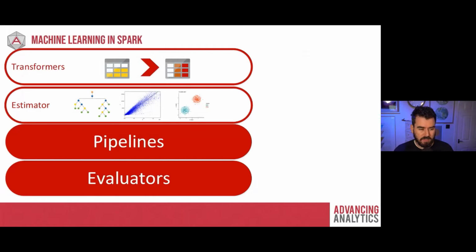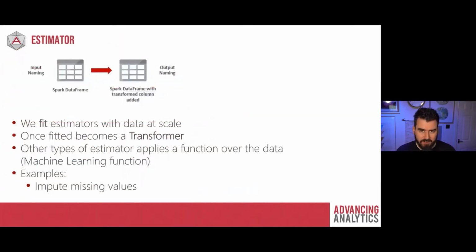We've got estimators. Now, a lot of this stuff, don't worry, it'll make a lot more sense when we see a demo, okay? Estimators we will fit. Estimators need to be fit. An estimator you can think of as anything that needs to see your data in order to make some kind of transformation.